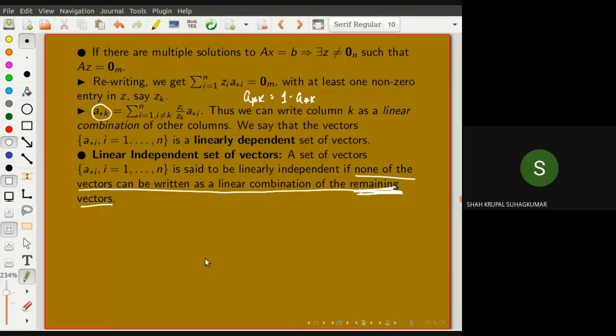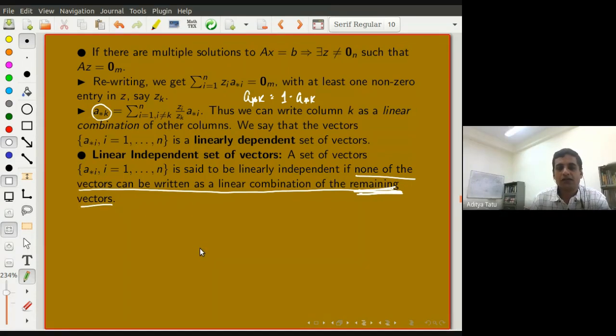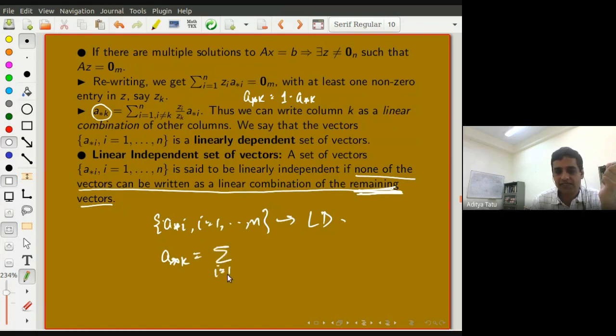Okay. So now another way to define a linearly independent set of vectors. Let's say a*i, i going from 1 to n, is linearly dependent, which means that there is some a*k such that it can be written as a linear combination of the remaining vectors, the sum of zi a*i.